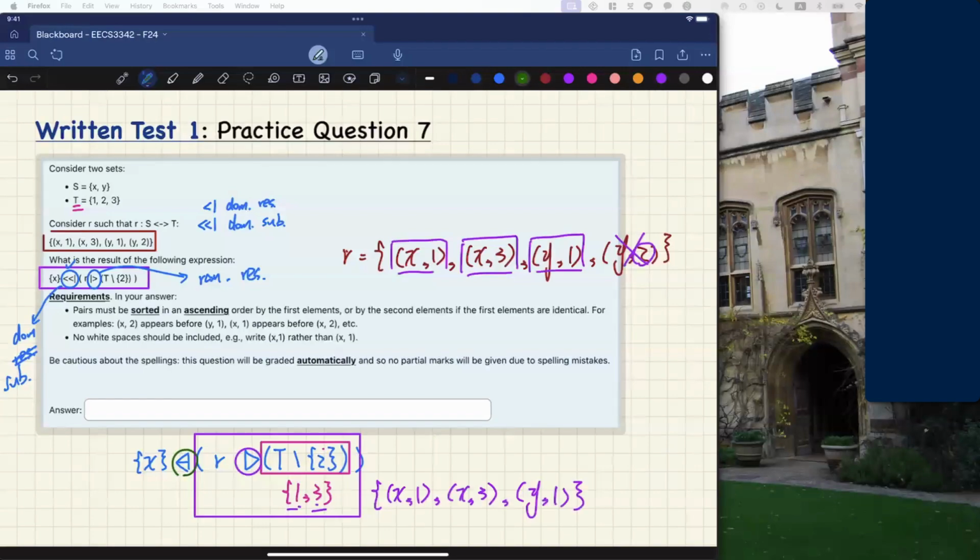So this is so important because if you understood this as domain restriction, you will get the opposite answer, which will be wrong, right? So that's subtraction. We want to subtract all the pairs where the domain value is simply x. So you can see the domain value is x here and x over here. So they should be removed from the resulting set, right? So the final answer should be just y1. So that should be the final answer.